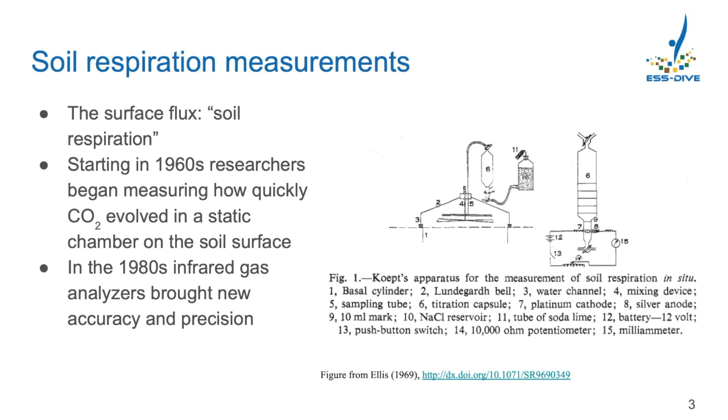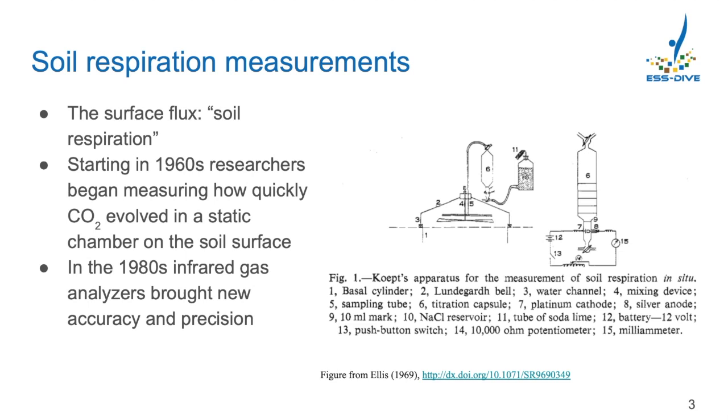Really the very first measurements were early in the 20th century. But starting in the 1960s, people began to somewhat regularly slap on cuvettes or something onto the surface of the soil and measure over initially very long time periods how much carbon dioxide was evolving in a volume over that time.